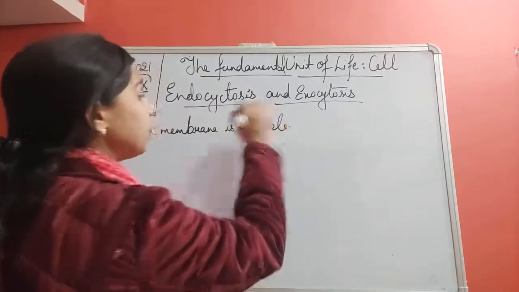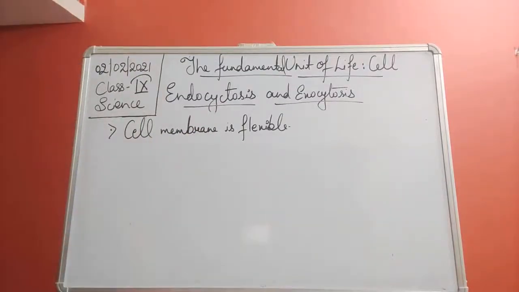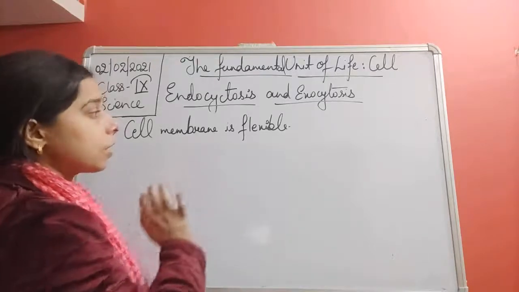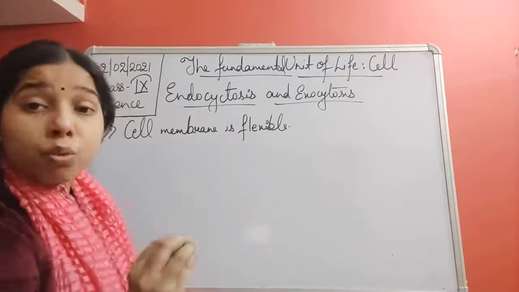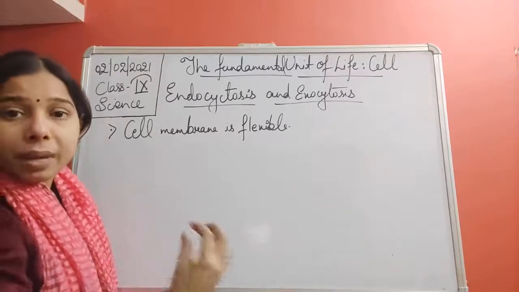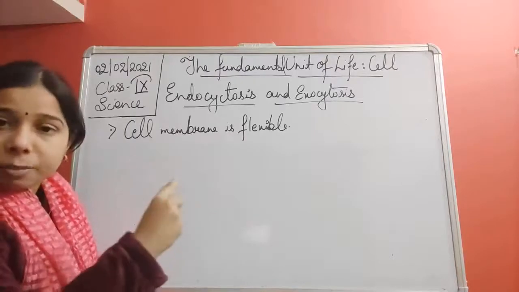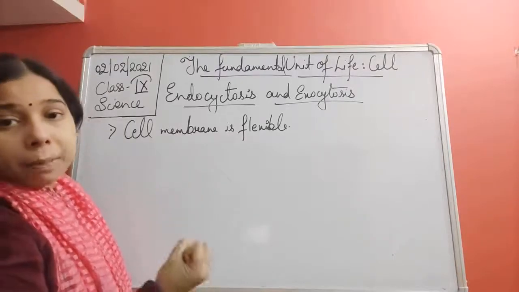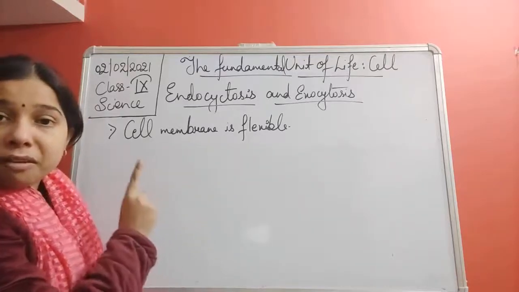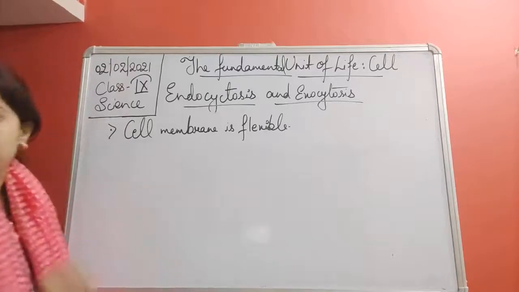Why are we writing this sentence, students? Let me tell you. The plasma membrane, or cell membrane, is flexible. Having flexibility makes it possible for particles to be engulfed easily. It will form a depression. The engulfing of the particle will occur only if the plasma membrane is flexible. So flexibility will help in engulfing the food particles.